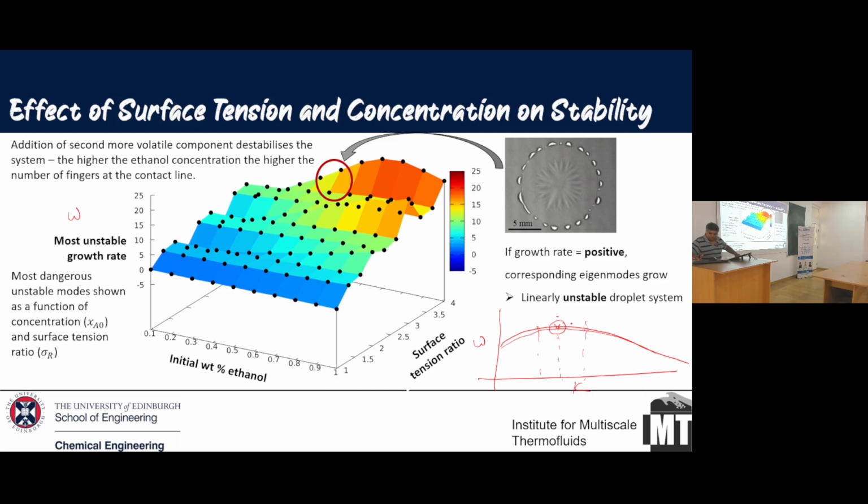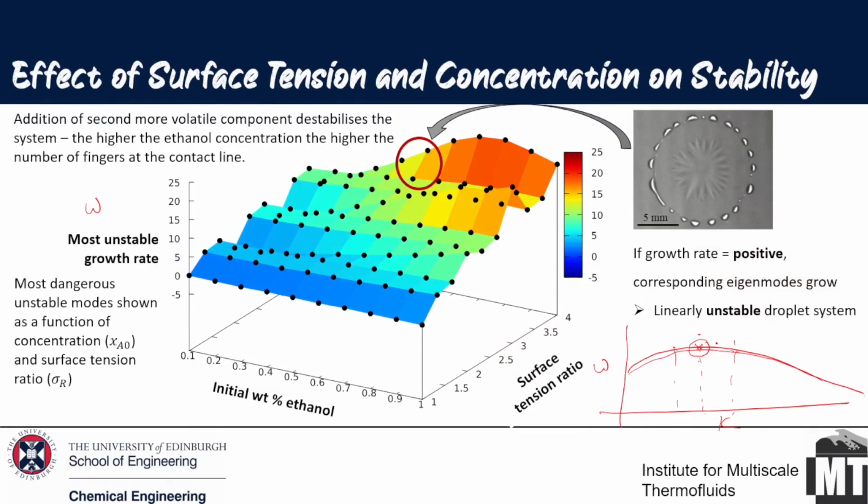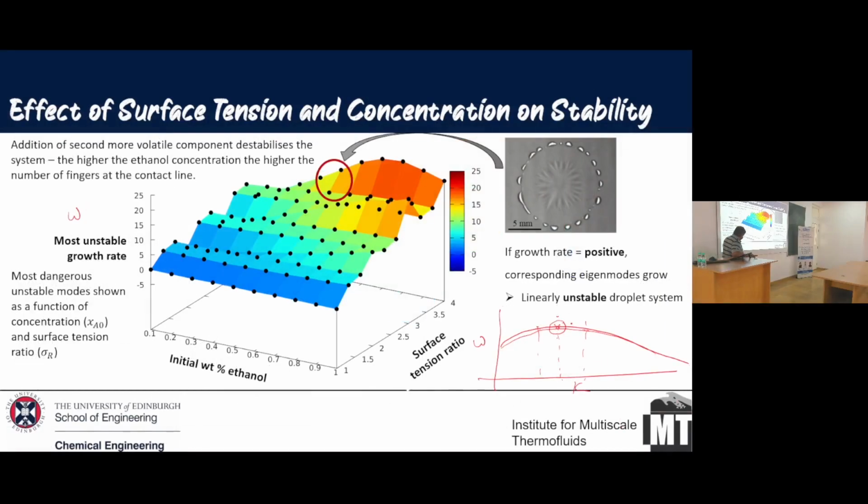So what we have to do is think about another strategy. Another takeaway message from quasi-steady stability analysis is, if you have a more volatile system, you are probably not right in doing a quasi-steady stability analysis. You need to think about something else.